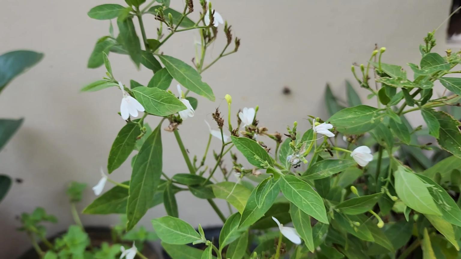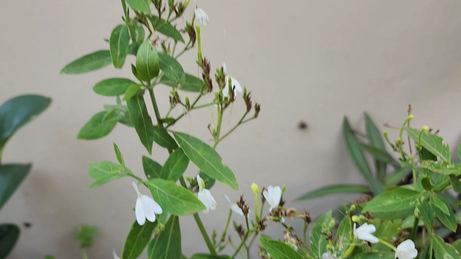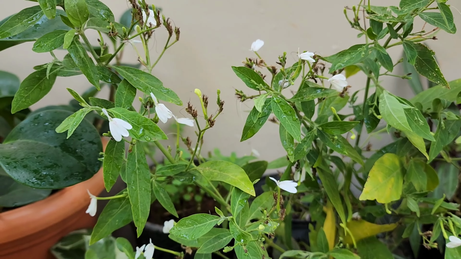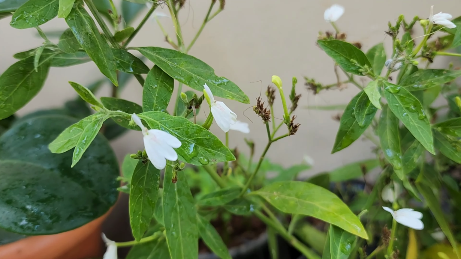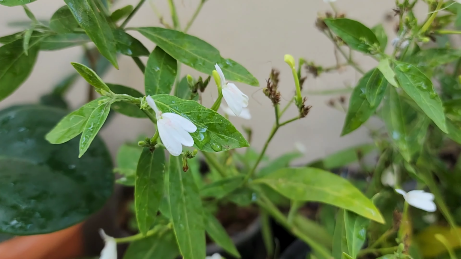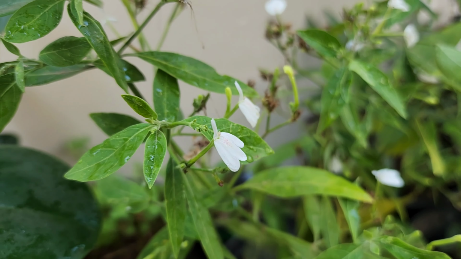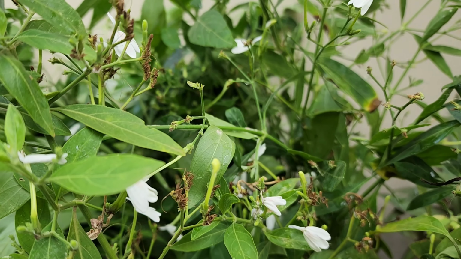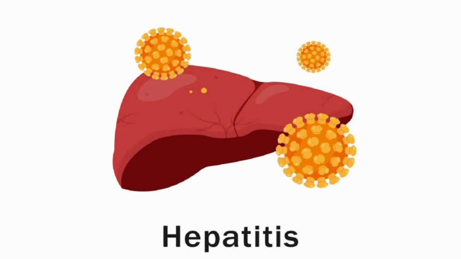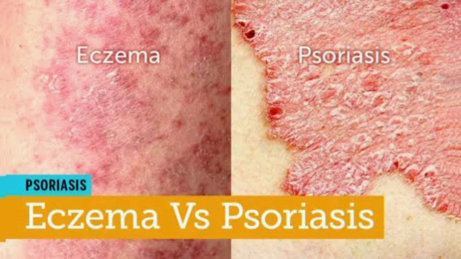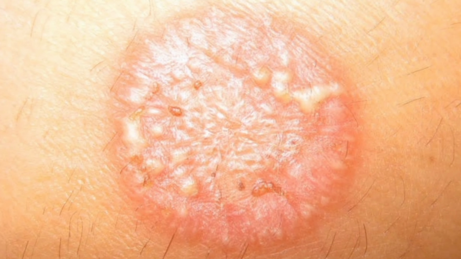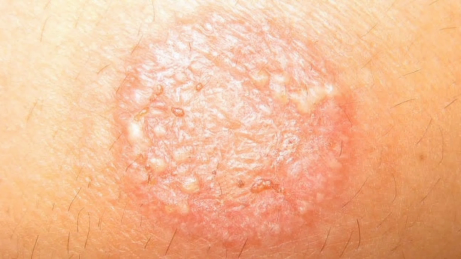The fruit is club-shaped and contains 4 seeds. The whole plant is used traditionally as a cure for various diseases due to its antimicrobial, antiviral and antifungal properties. The plant is beneficial for diseases like hepatitis, diabetes, hypertension, psoriasis, eczema, ringworm, various skin conditions and inflammation.